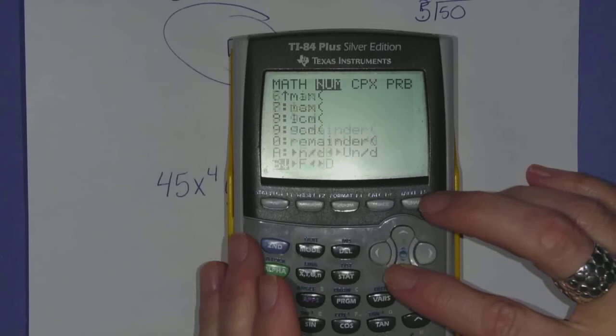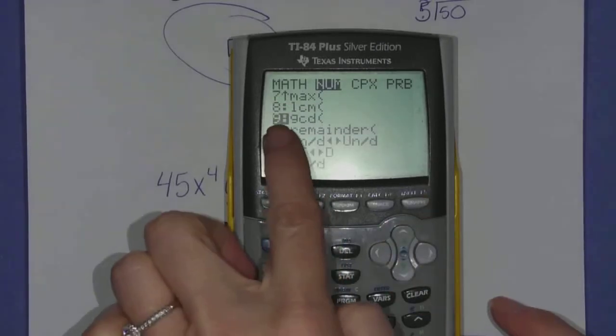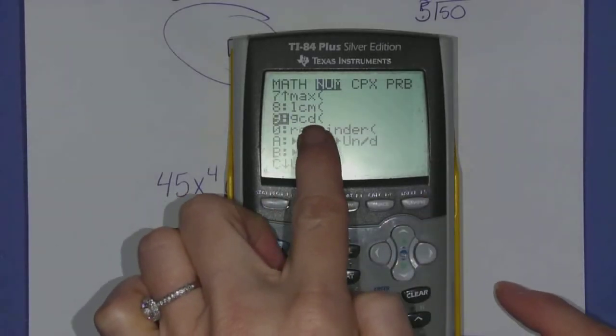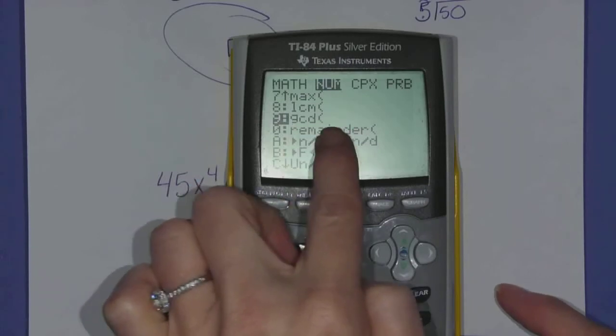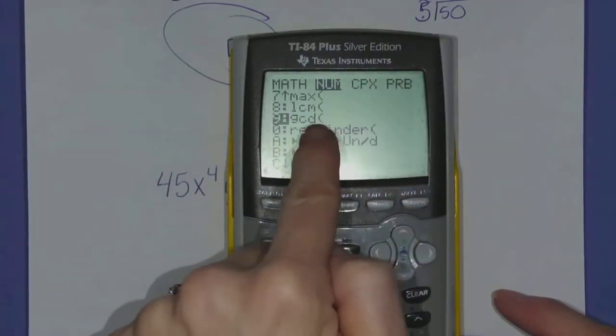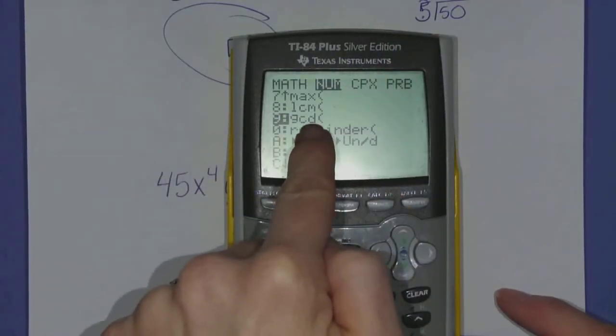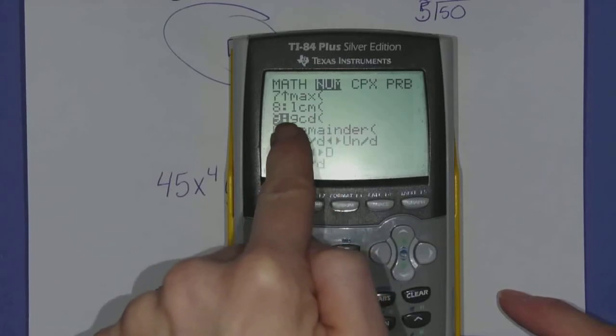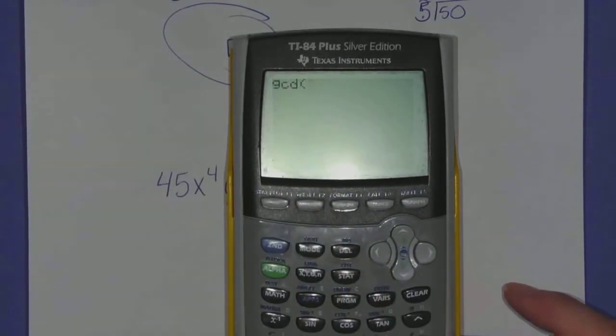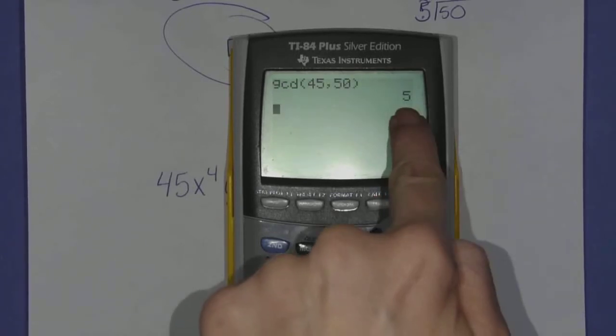Number 9, you're going to see says GCD. Well, in the TI-84, that is the same as GCF, so don't let that D throw you off. So hit enter, and my two numbers were 45, 50. Hit enter, and there it is, 5.